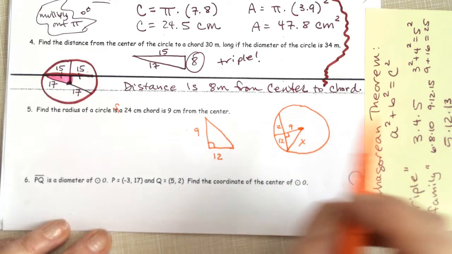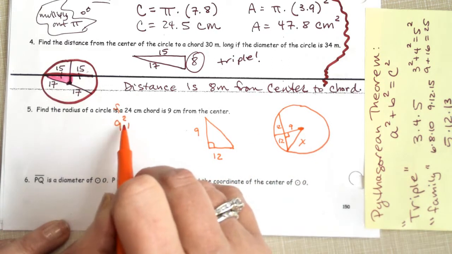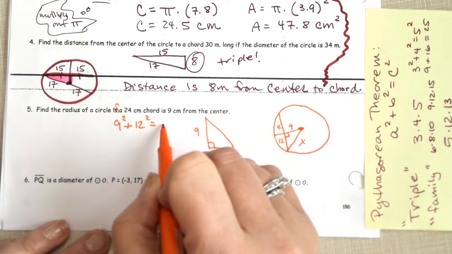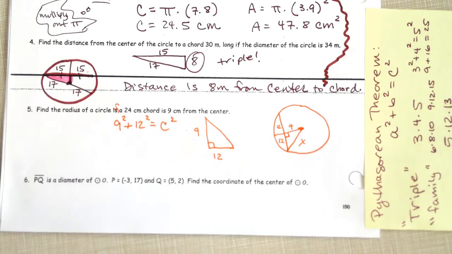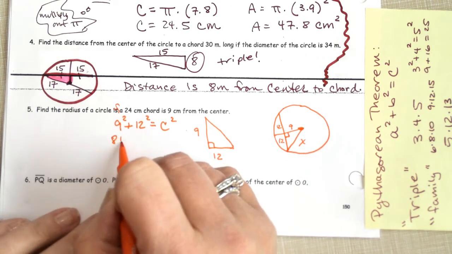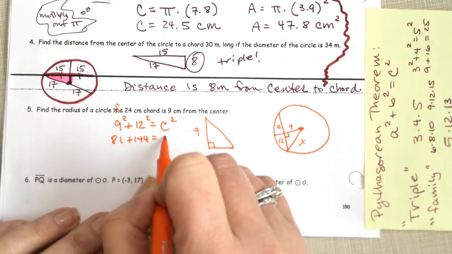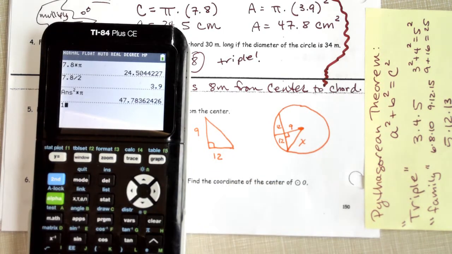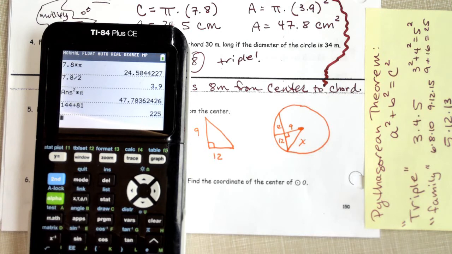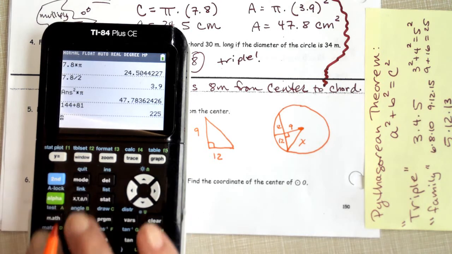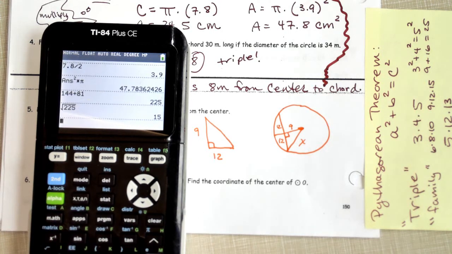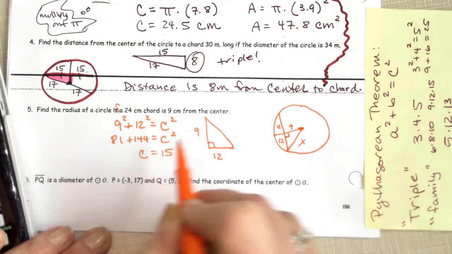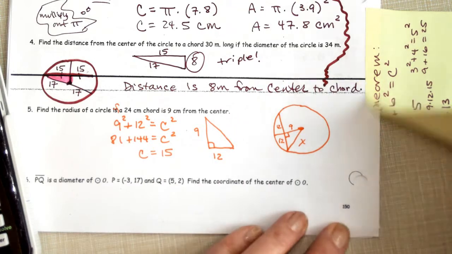Nope. All right, so then you have to do the Pythagorean Theorem, which is a little bit more tedious. So 81 plus 144 equals c squared. 144 plus 81 is 225. Square root of 225 is 15. So you're like, huh, that would be easier if I just memorized my triple.